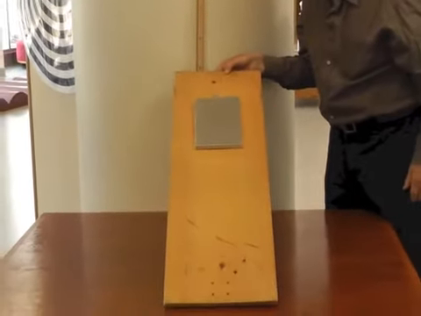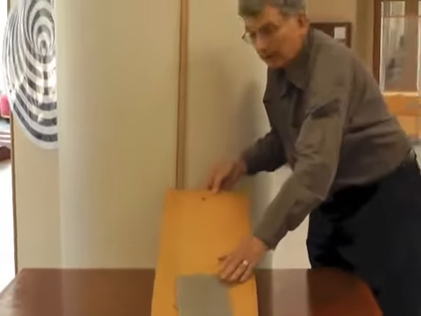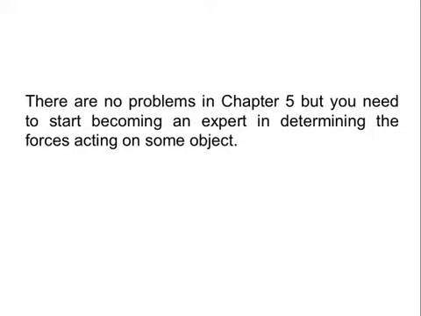Its maximum value is mu n, and then it starts sliding down the plane. There are no problems in Chapter 5, but you need to start becoming an expert in determining the forces acting on some object.